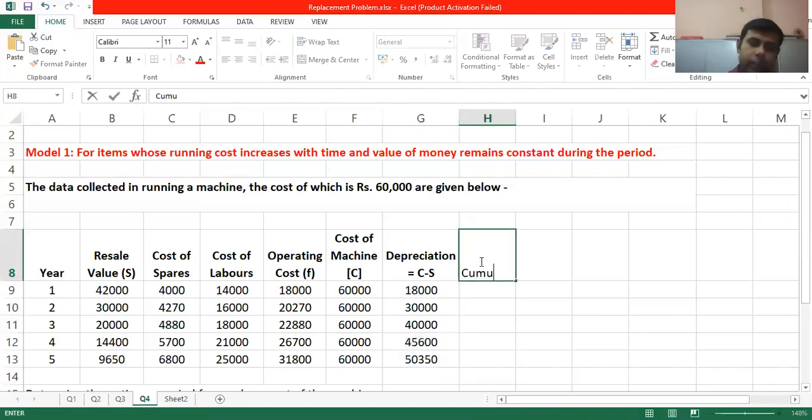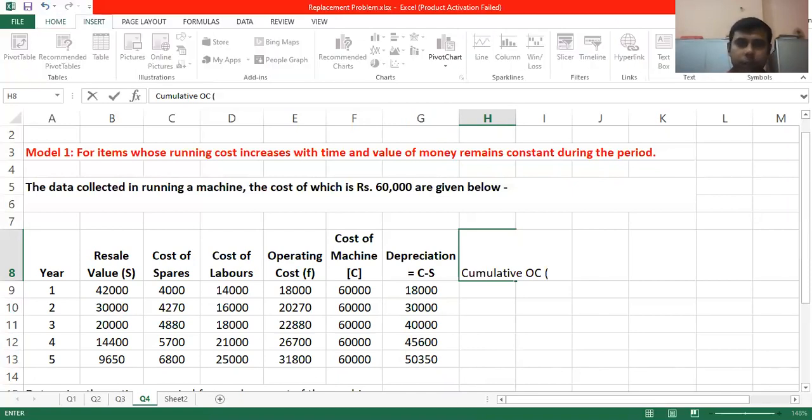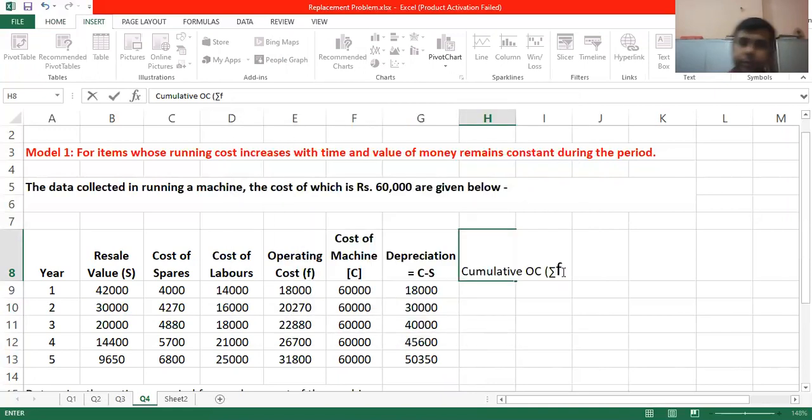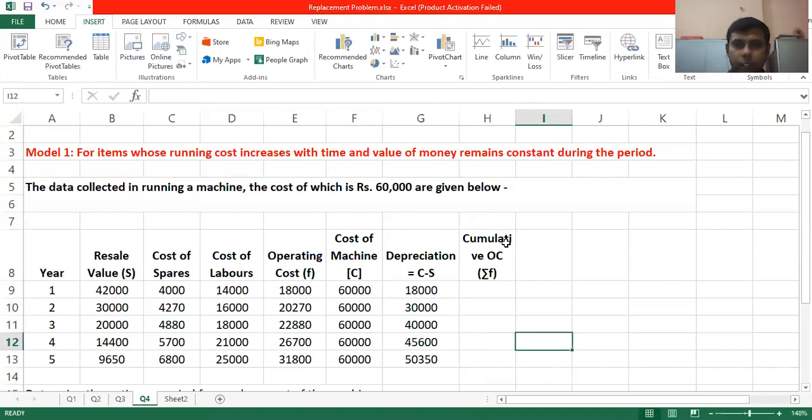Next, let us go for cumulative operating cost, which is our symbol sigma F, correct? So this is our operating cost.